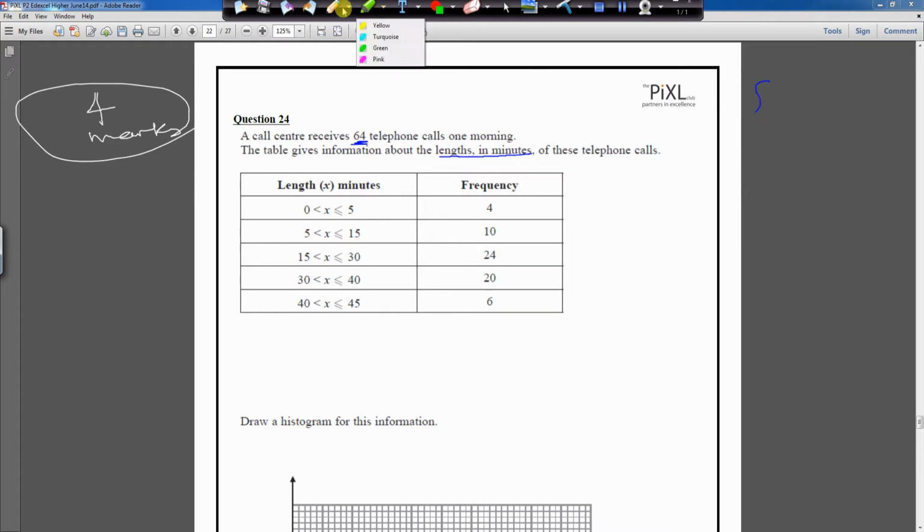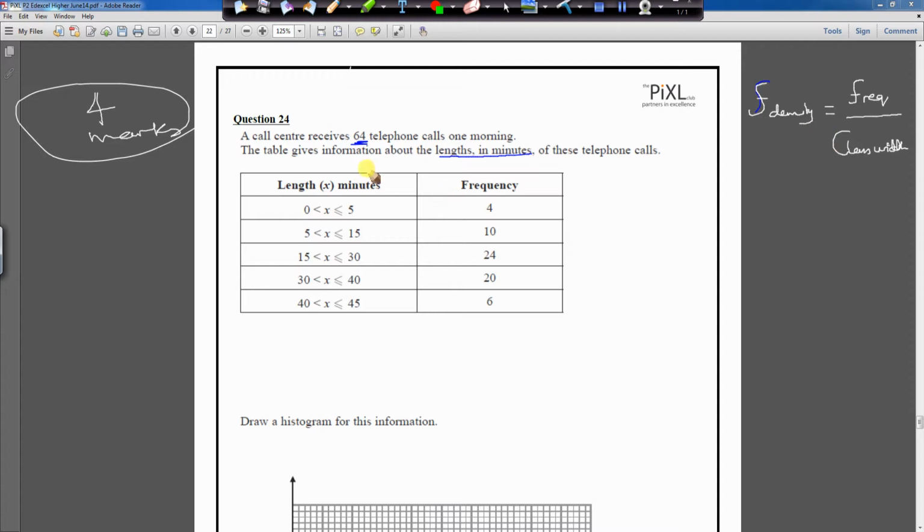We say that the frequency density is equal to the frequency, how many, divided by the class width. Frequency divided by class width. That is the formula we're going to be using right now.